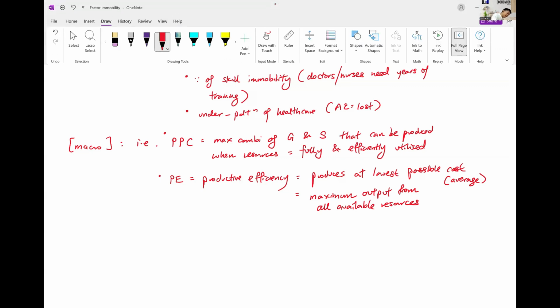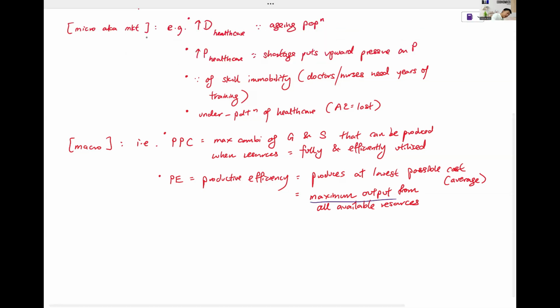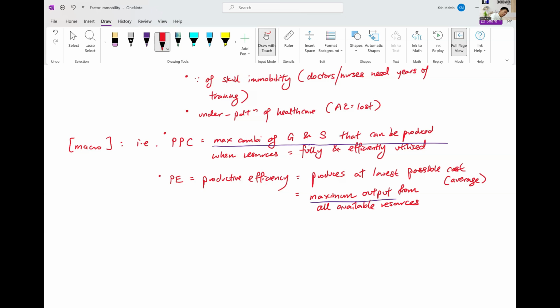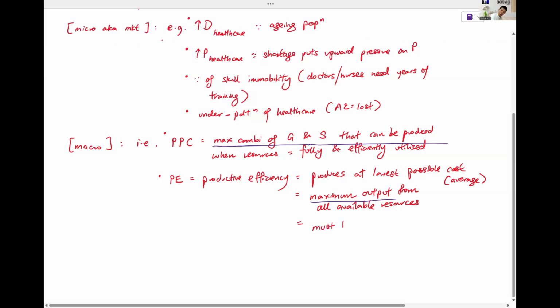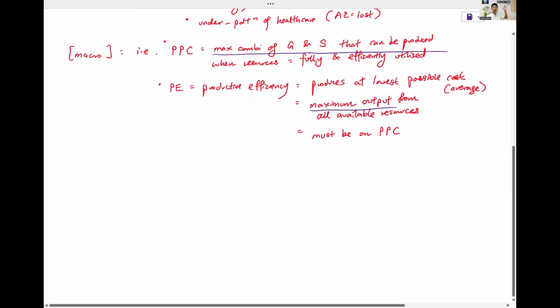But I see a parallel between these two things, which means for PE, you must be on the PPC. Make sense? Who is not okay with that?